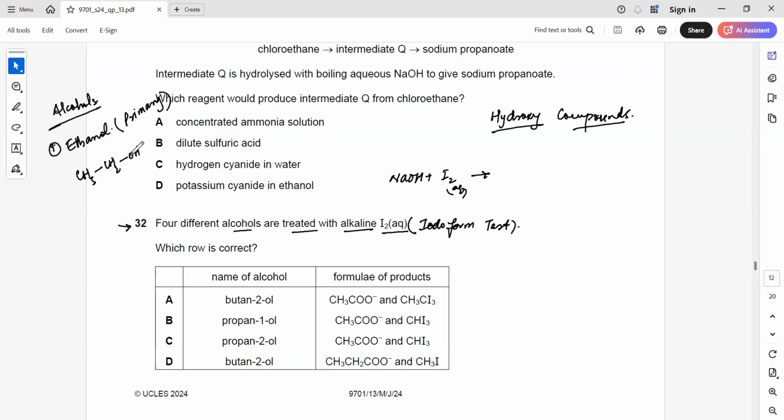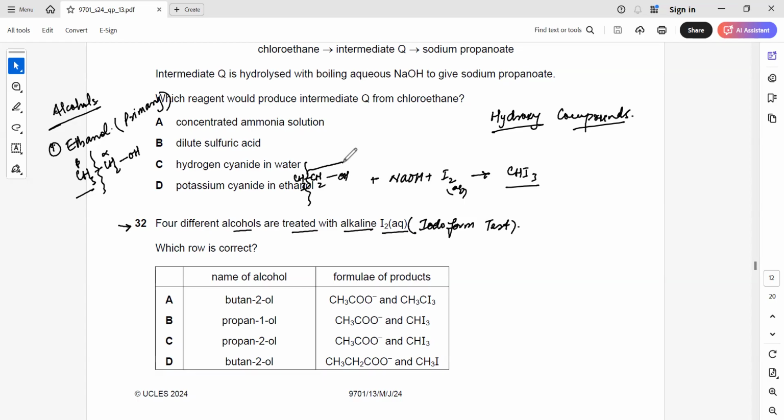The carbon with which the OH group is attached is our alpha carbon, and the next one is the beta carbon. So in its mechanism, what happens? This methyl group, which is attached to the alpha carbon, will give us iodoform, CHI3.